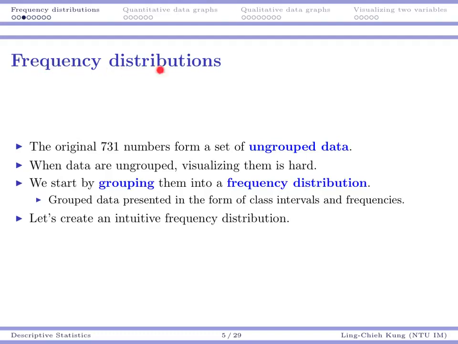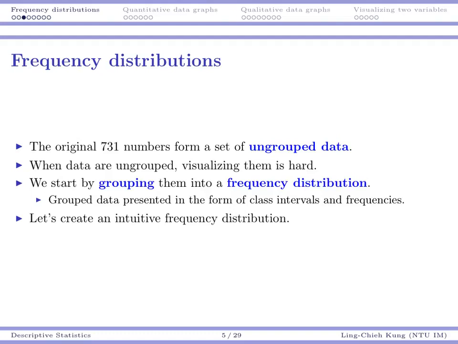One of the most important things that you may want to do is to build a frequency distribution for a set of ungrouped data. Okay? In that particular column, those original 731 numbers form a typical set of ungrouped data. That means those numbers are ungrouped. Each of them, you won't say that they belong to this group or that group. No, each number is just one number, and you have a collection of 731 numbers.